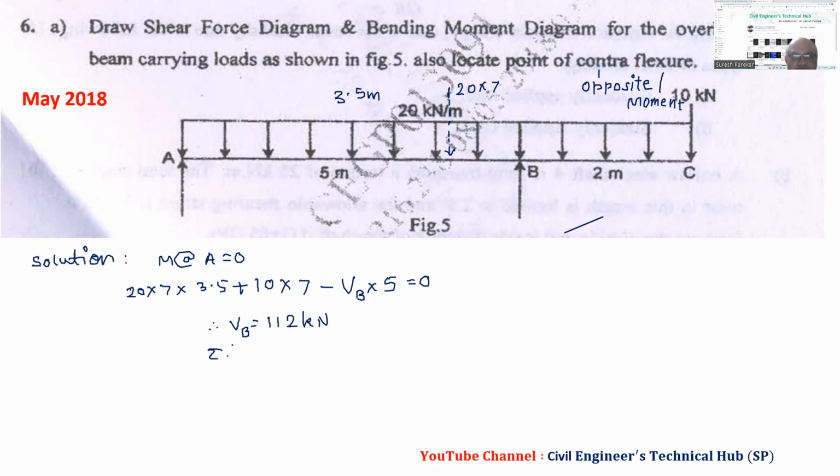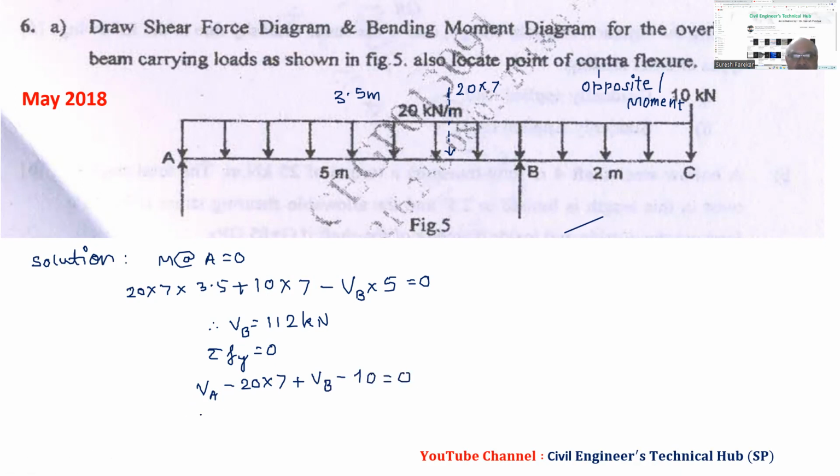Then apply summation Fy equal to 0. So we have VA, then minus 20 into 7, that is acting downward, plus VB minus 10 equal to 0.